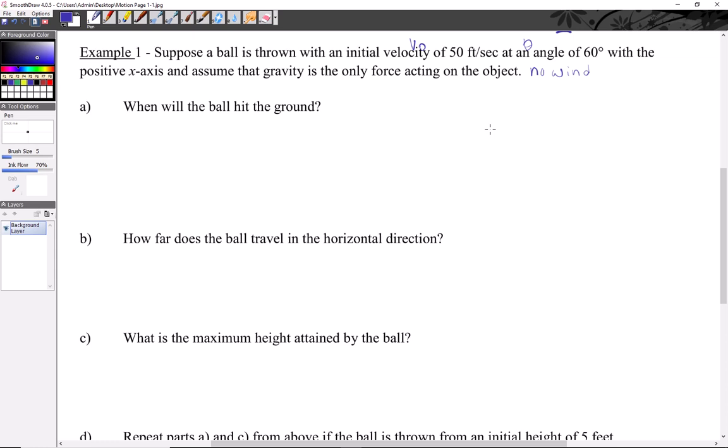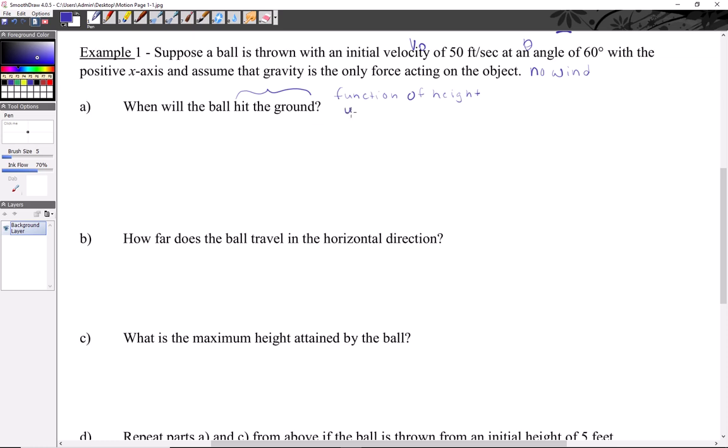All right, so when will the ball hit the ground, given what we've got here? All right, that is going to be a function of height. Because if the ball is on the ground, that's how high it is, all right?